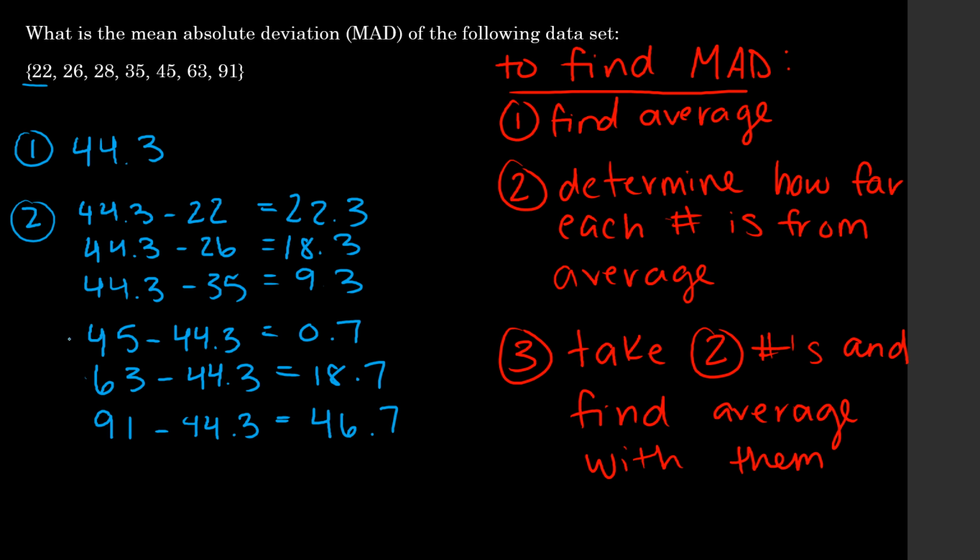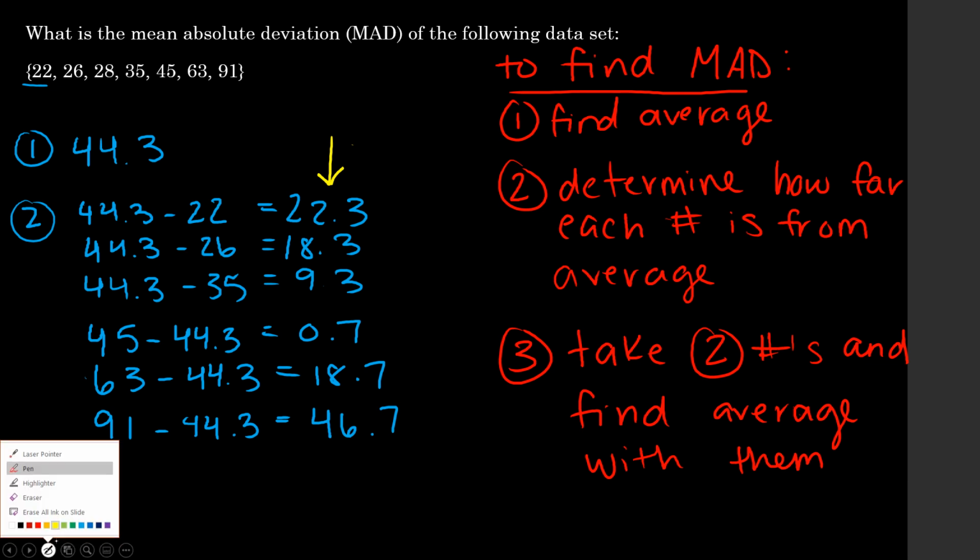Okay, so now step 3 is telling us to take all of these numbers that we got. So that's all the numbers in this last column over here. We're going to find the average of those. So remember to find our average. Did I miss a number? I did, didn't I? I missed 28.